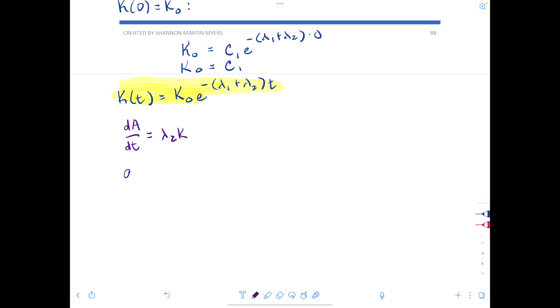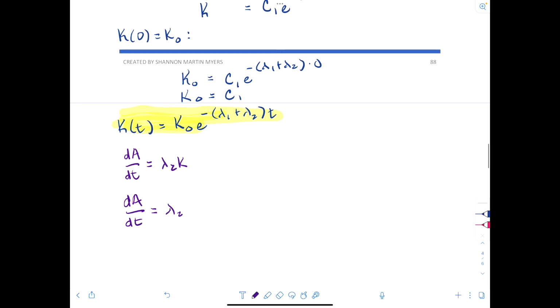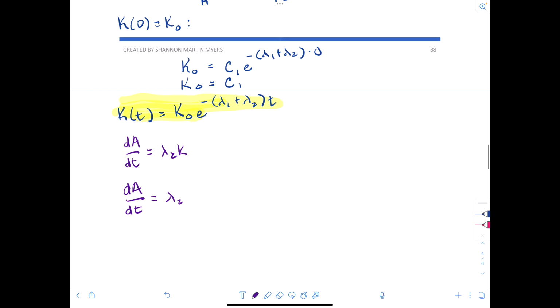So we'll have dA/dt is equal to lambda 2, and K(t) is in the yellow there. So we're going to have K0 times e to the negative quantity lambda 1 plus lambda 2 times t.